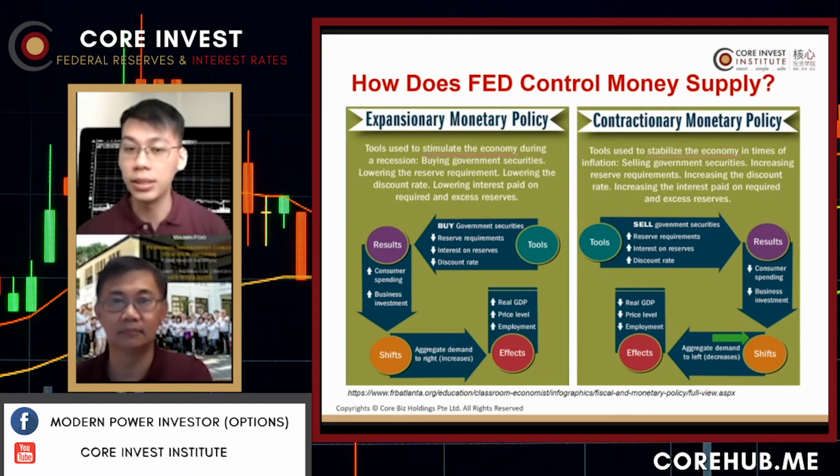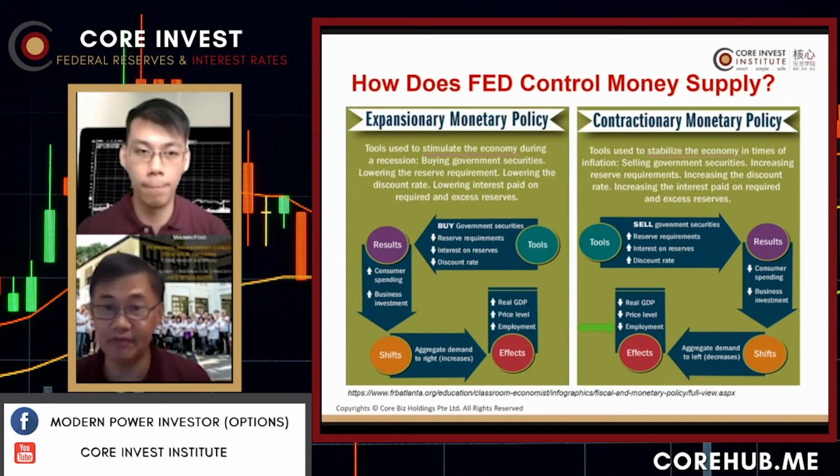And then the effect will be a decrease in real GDP, a decrease in price level, and a decrease in employment. So you can see that these two slides are very important to show the relationships and how the Federal Reserve uses monetary policy as well as the various tools to affect and to drive the market.